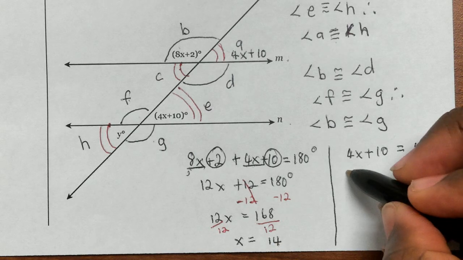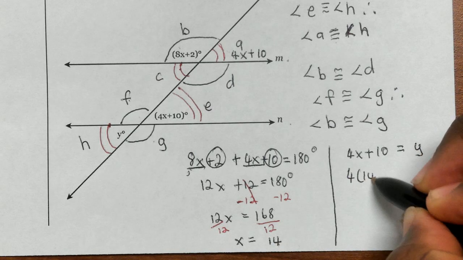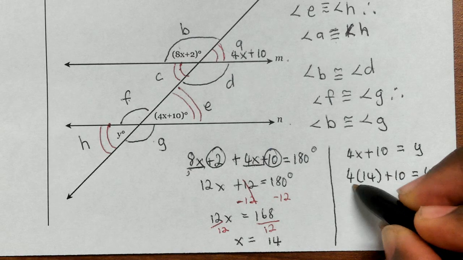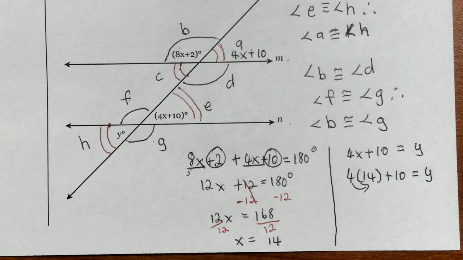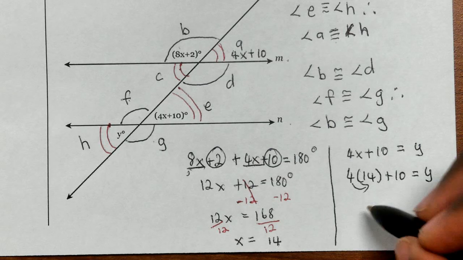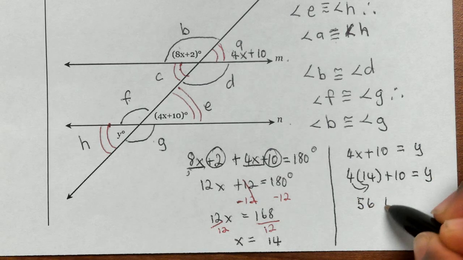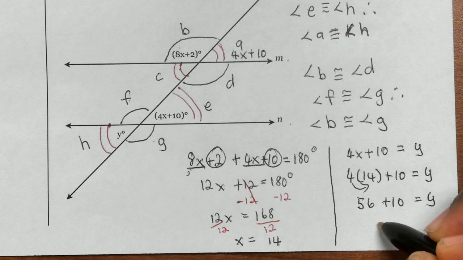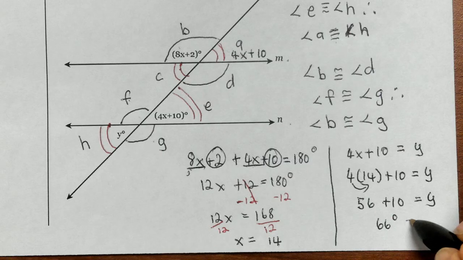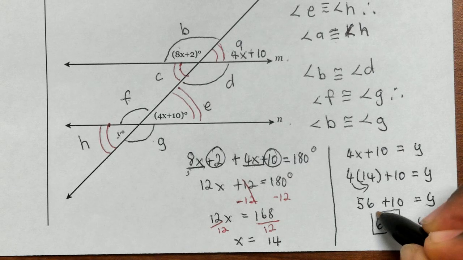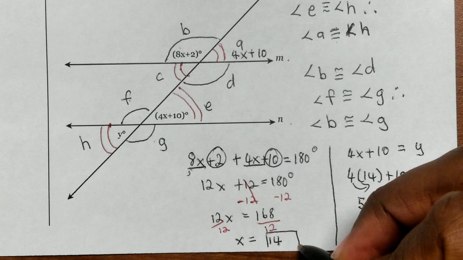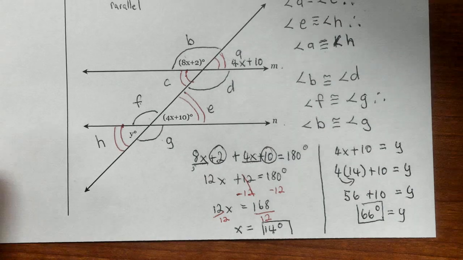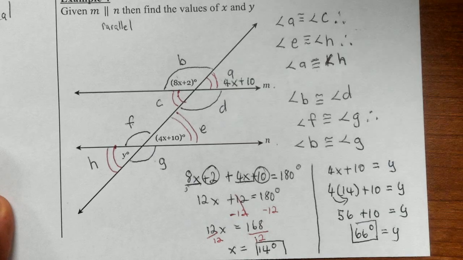Okay, so I would have 4 parentheses 14 plus 10 is equal to y. 4 times 14 should be 56, I believe. Plus 10 is equal to y. 56 plus 10 is 66 degrees. So y is equal to 66 degrees and x is equal to 14 degrees. So again, this can be difficult, so make sure you ask questions for transversals.